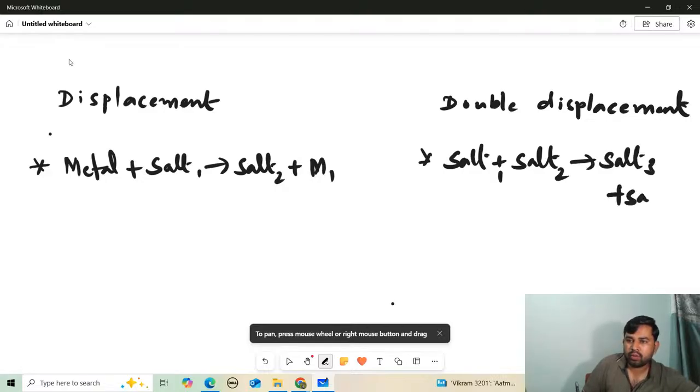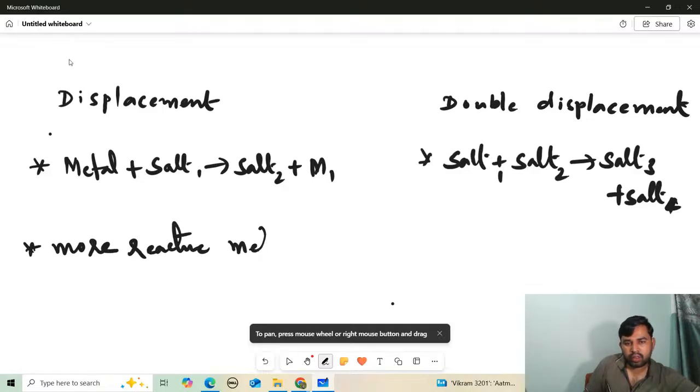plus salt 4. Here there is a condition: a more reactive metal should be there. Here there is no such condition.